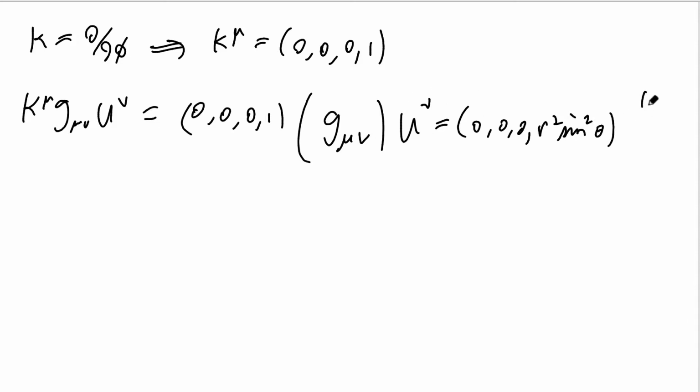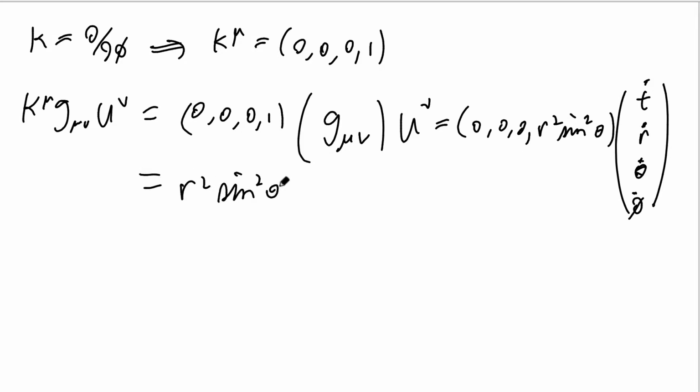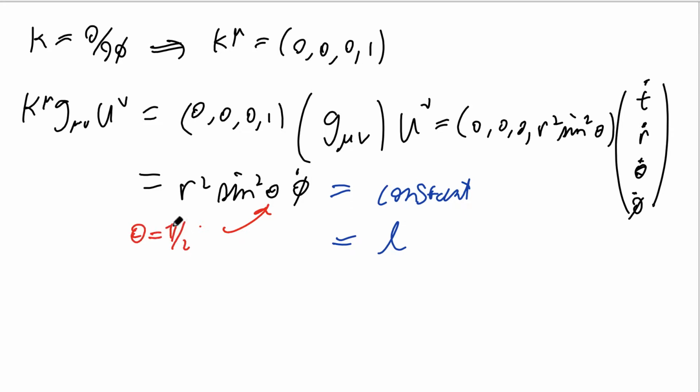And the components of u again are ṫ, ṙ, θ̇, and φ̇. So the result of this calculation is r² sin²θ φ̇. And according to our general result, this is equal to a constant, which we're going to denote by little l. Remember, we're restricting ourselves to orbits in the equatorial plane, so θ is always equal to π/2, and this factor of sin²θ is just 1. So our result here is r² φ̇ equal to a constant little l.